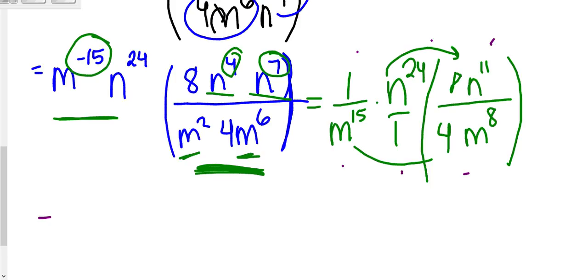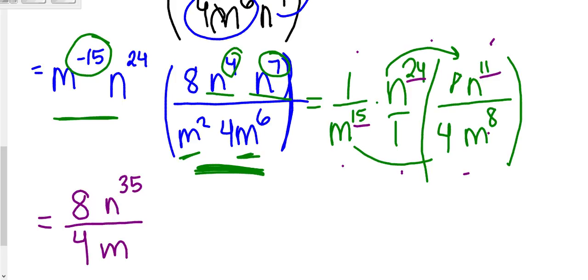So we will have 8 n to the 24 plus 11 is 35 over 4 m to the 15 plus 8 is 23.